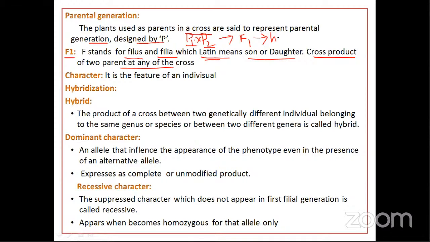After this, whenever you are going for selfing, there is a symbol we use for selfing. Can anyone tell me how to draw the symbol for selfing? When we write the cross, like P1 cross P2, we give an arrow mark and write F1. Then for selfing there is a symbol.